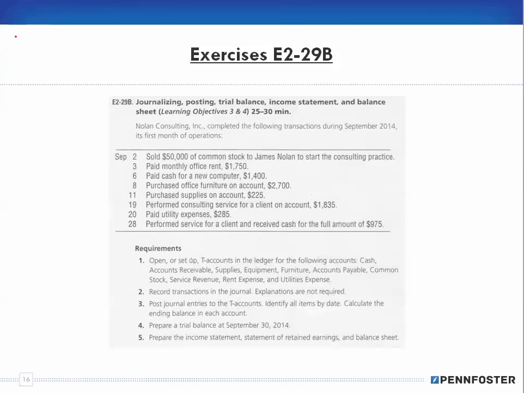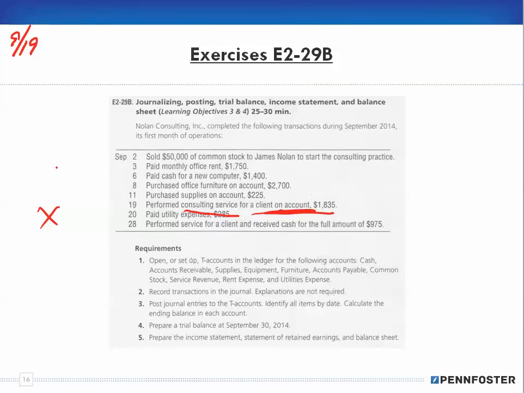919. Performed consulting service for a client on account. So am I affecting cash? No, right? Because I'm not getting any money. It's on account. So am I affecting accounts receivable or accounts payable? Yes. Why? Because I'm performing consulting services for a client on account, meaning the client's going to owe me, so it's an accounts receivable.